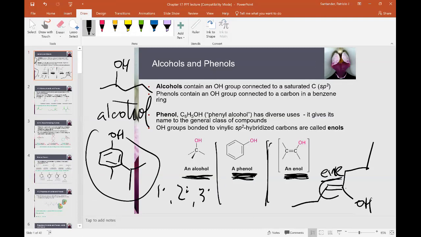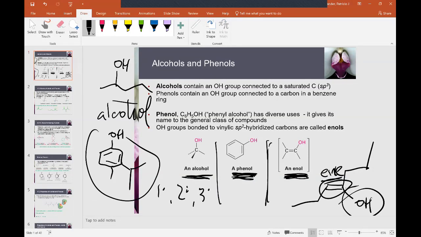You have an alkene in this portion, and you have an alcohol at the same time. We met that kind of compounds in the chapter of alkynes. When we perform a hydration of an alkyne, we saw that the product that you obtain initially is an enol, and then later on that enol may tautomerize to an aldehyde or to a ketone.